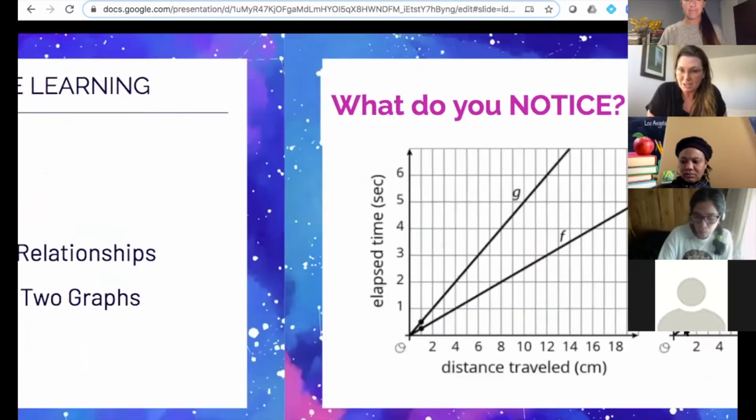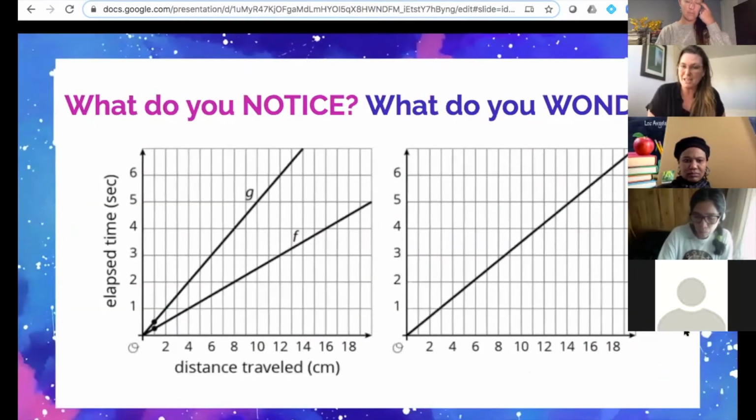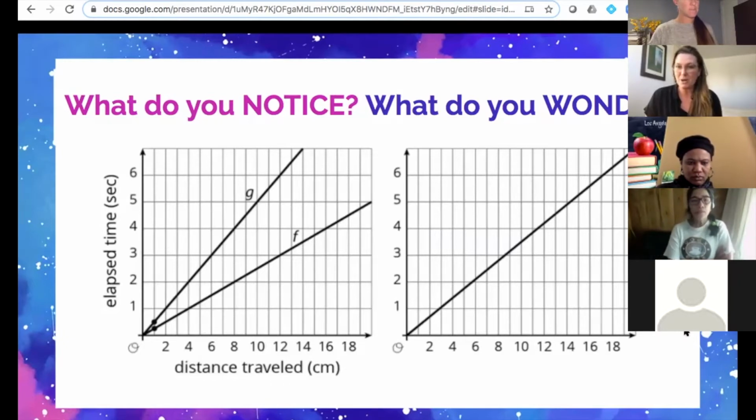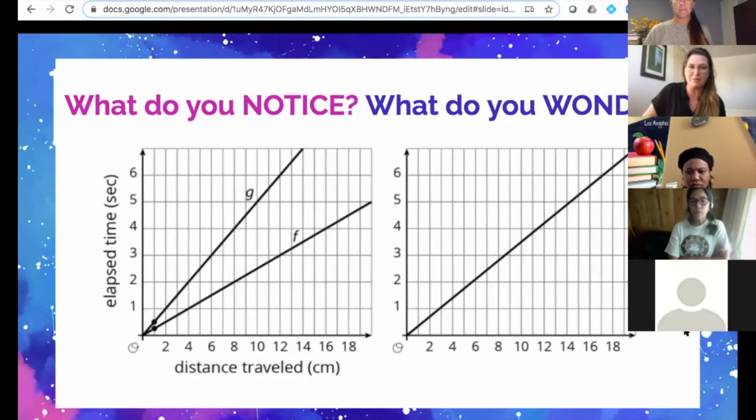So we're going to do a quick activity with you. Pretend you're students. If you can, take your teacher hat off for just a second. Here are two graphs, and I just want you to look for about a minute and notice and wonder. What do you see? What do you have questions about? You can go ahead and drop those in the chat, or if you want to unmute and tell me something that you notice about these graphs or what you wonder about them.